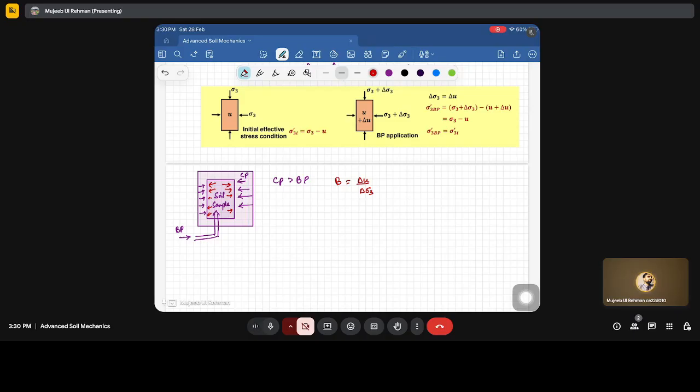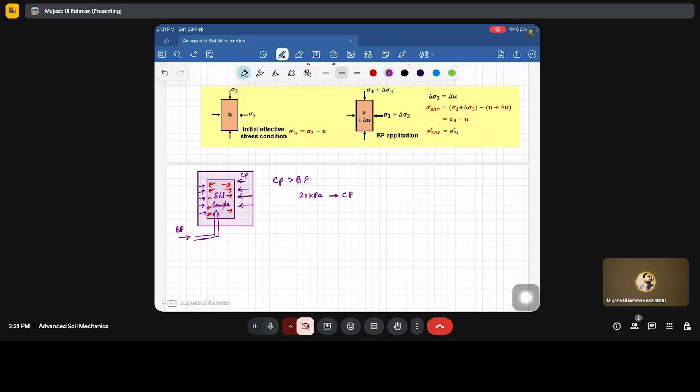Now, let's assume we have kept the initial cell pressure at 20 kPa, for holding the soil specimen. After this stage, whatever I discuss is true for both clays and sands.